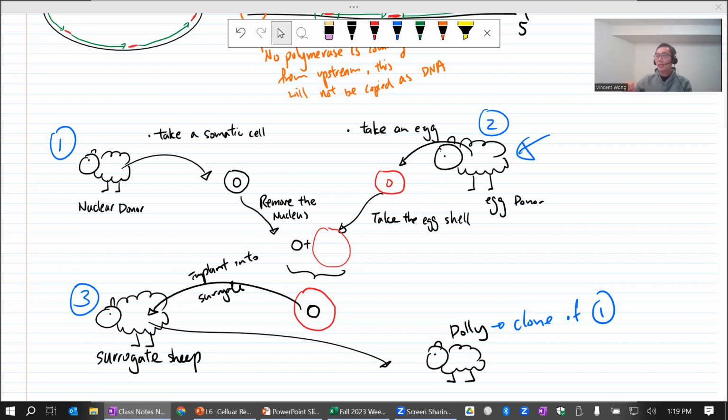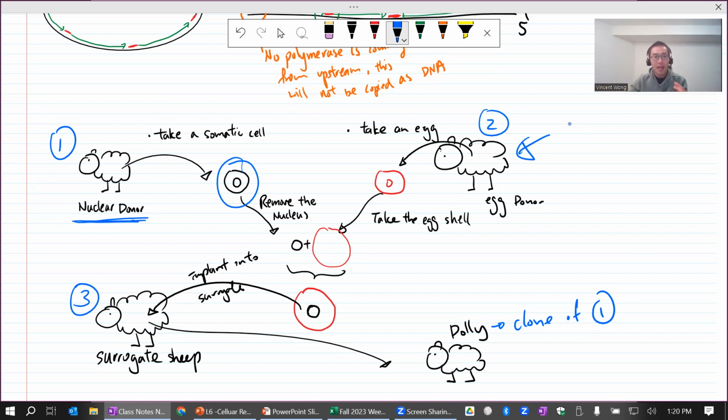However, because Dolly got all the genetic material from the nucleus of a donor sheep that is already an adult, Dolly, even though it was born age 0, biologically, it's already old.